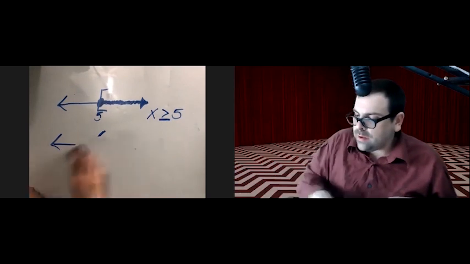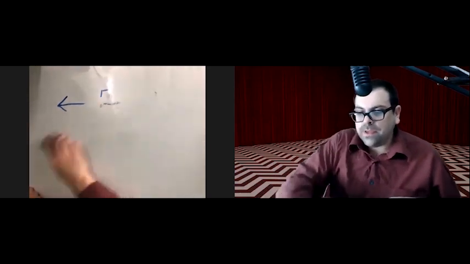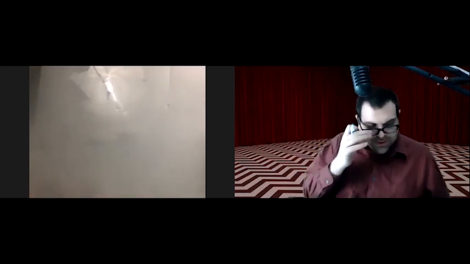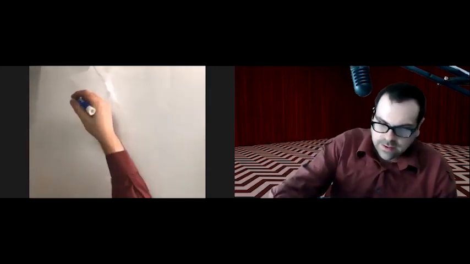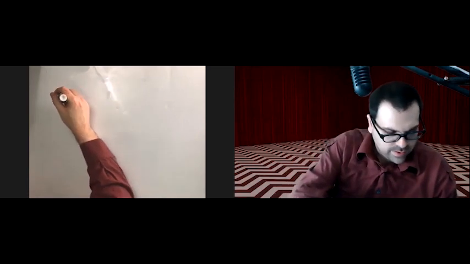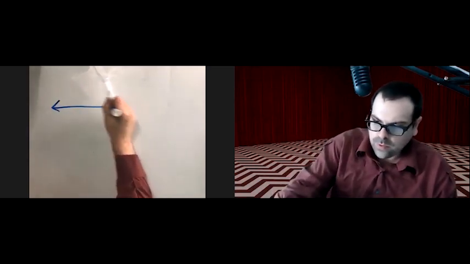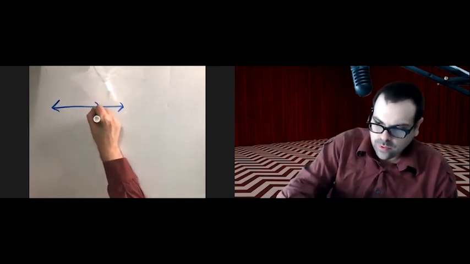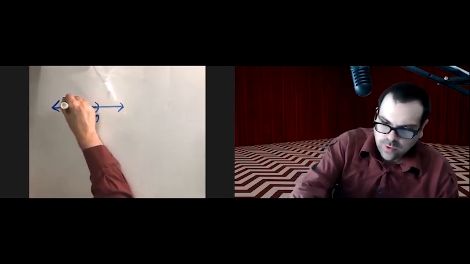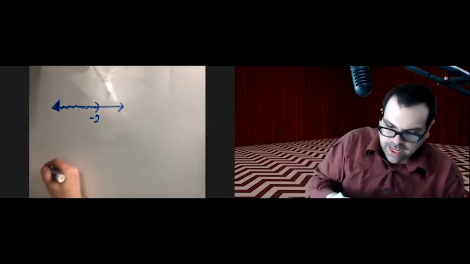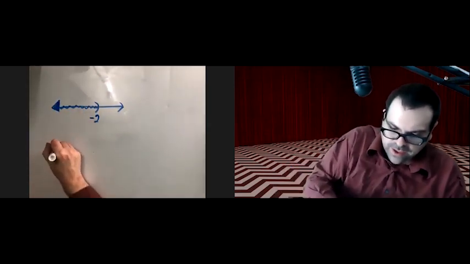So let's think about this square bracket, this parenthesis, and square bracket will go the other direction.